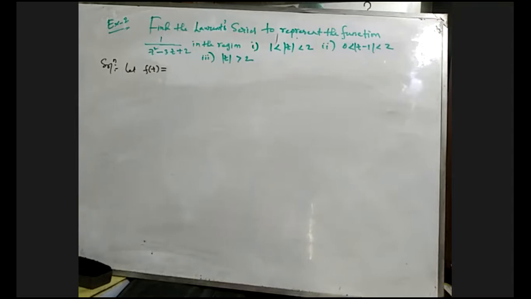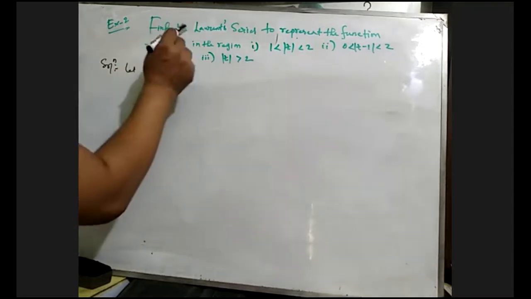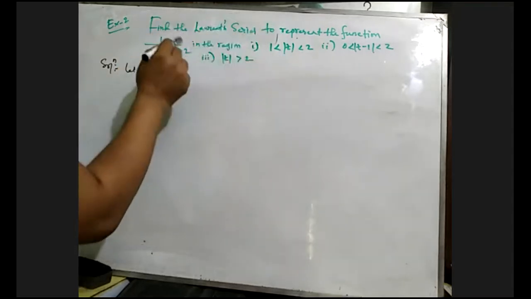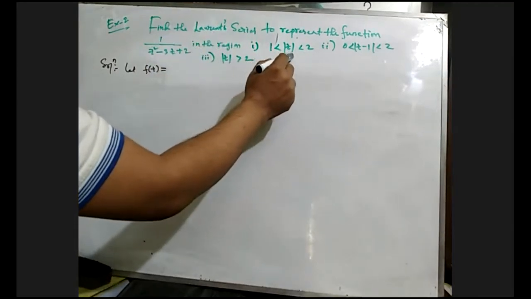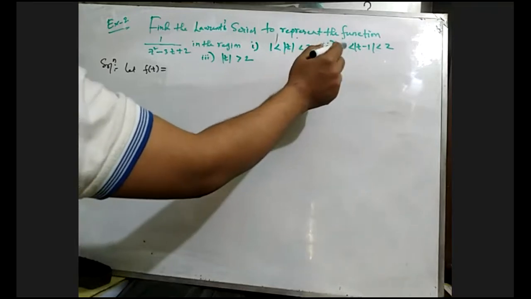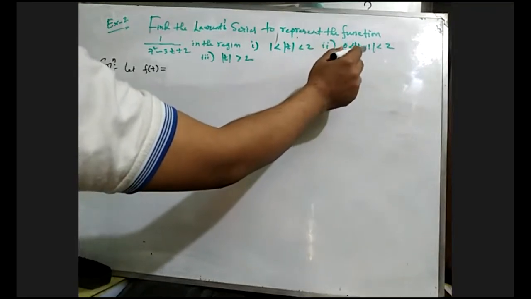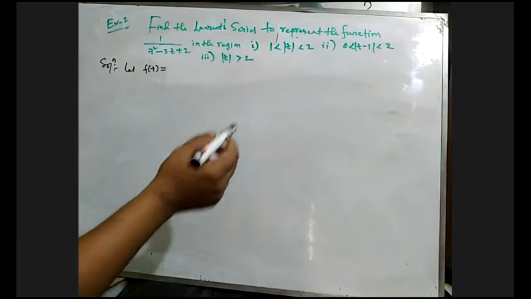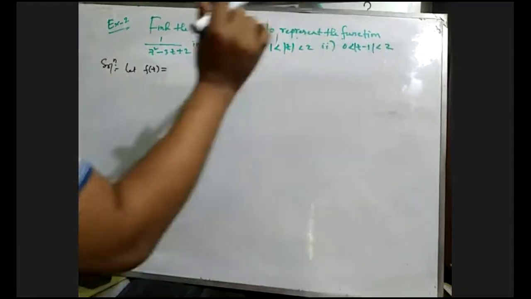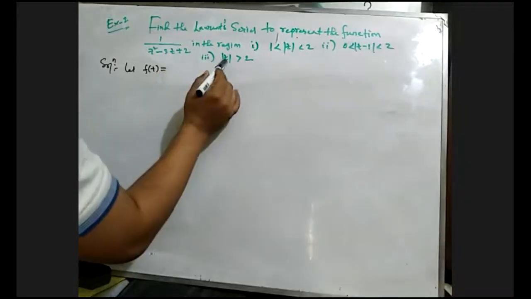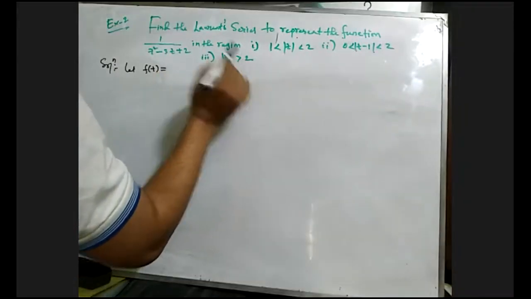Now another example for the Laurent series. Find the Laurent series to represent the function in the region: first, 1 less than modulus of z less than 2. Second one is 0 less than modulus of z minus 1 less than 2, that means circle with radius greater than 0 and less than 2. And third one is the circle with radius greater than 2.